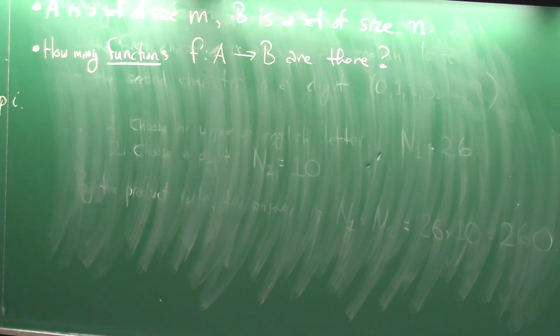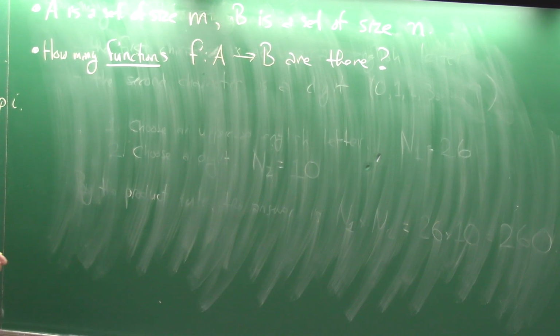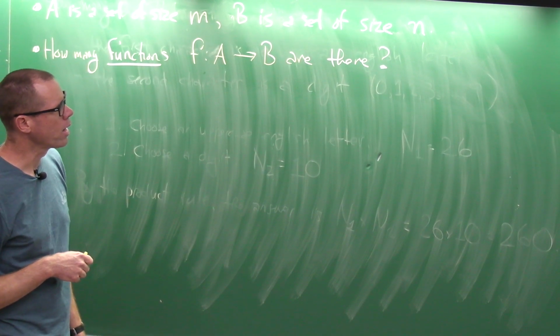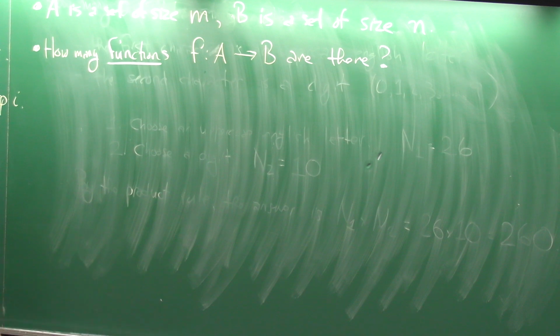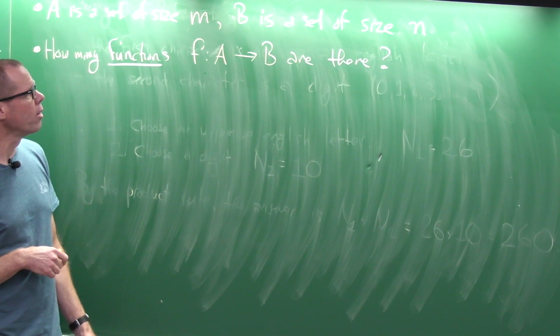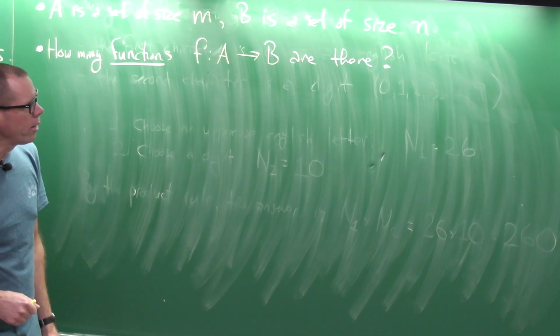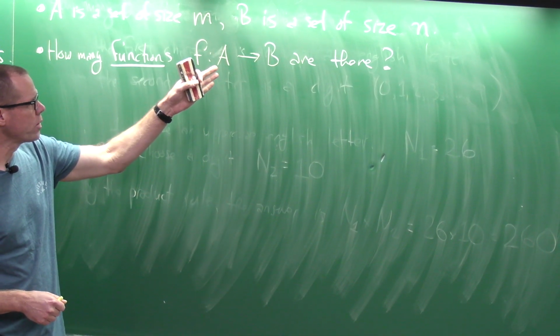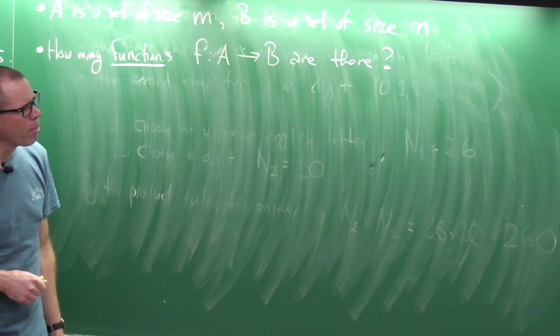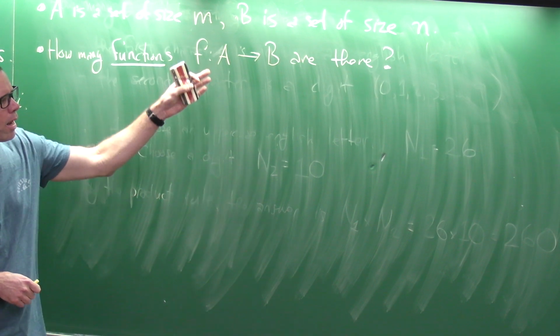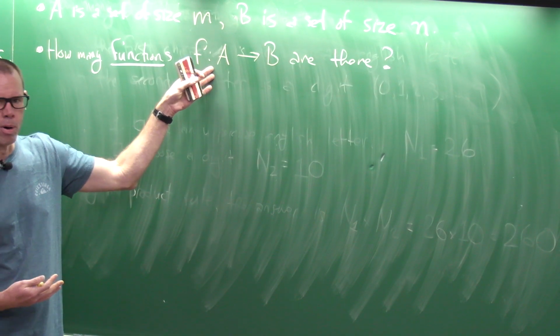And if you go back to 1805 and you talked about relations, a function is a particular kind of relation between pairs, one in A, one in B, and what's special about it is that each element in A appears exactly once.